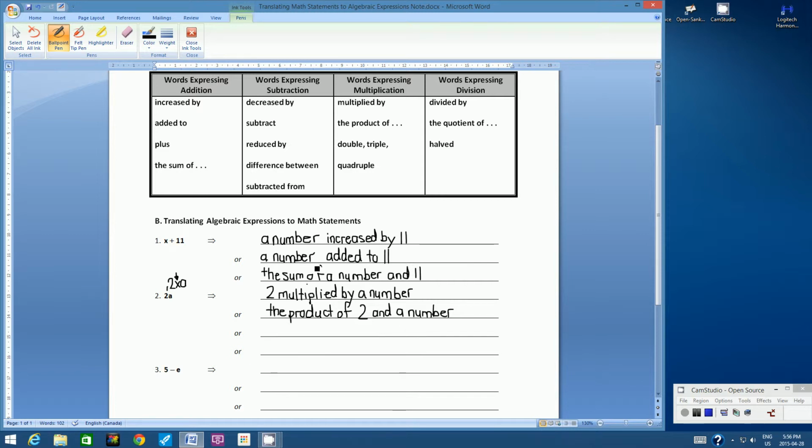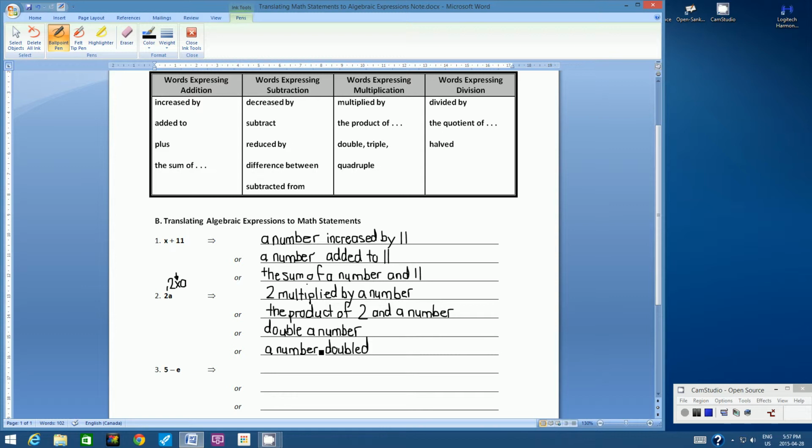All right. How about we use this one? Because we can't use triple because we're not multiplying by 3. We can't use quadruple because we're not multiplying it by 4. So how about we write, this is pretty simple here. Makes you sound pretty smart too. Double a number. Okay? And then if we kind of reverse that, we can put a number doubled.